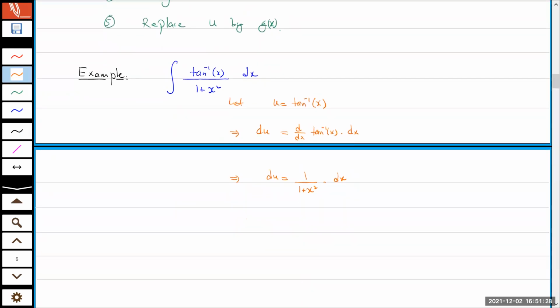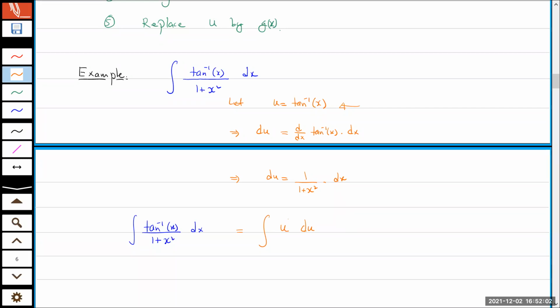When I see my integral now and try to rewrite it, tan inverse of x over 1 plus x squared dx, I can pair 1 over 1 plus x squared with dx and replace this whole thing by du. So this becomes u du, since I have chosen tan inverse of x to be equal to u.